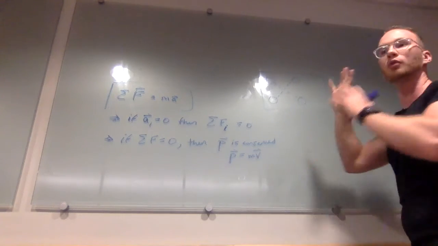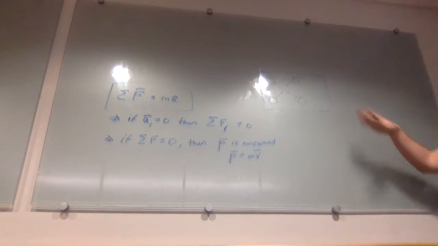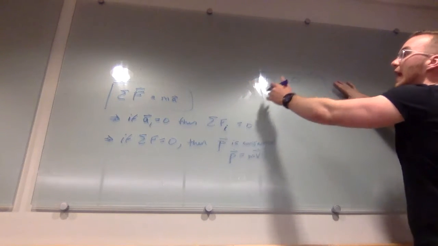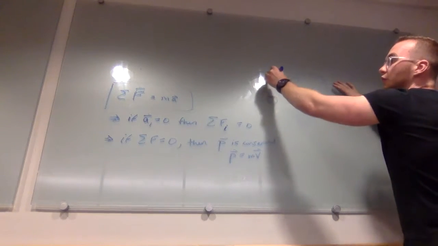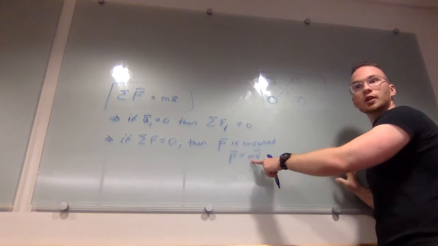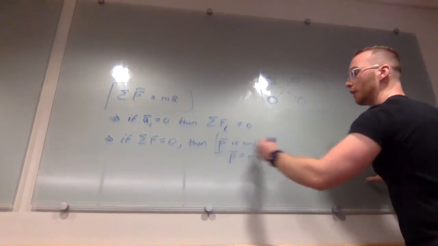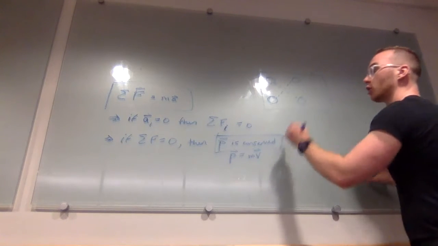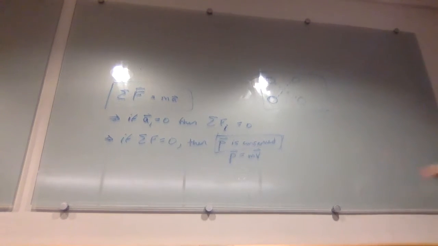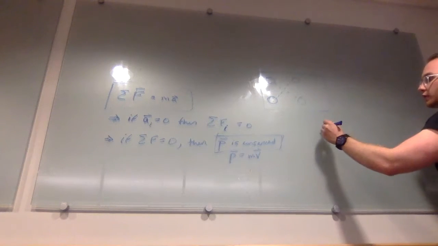I promise there's not. They have to tell you there's not. But there's no external forces, and therefore the total momentum of this system, which doesn't have to be one object, could be multiple objects, the total momentum before and the total momentum after must be conserved because no external forces were involved.